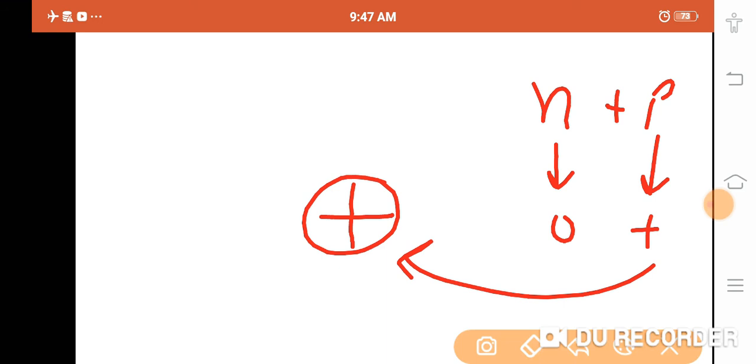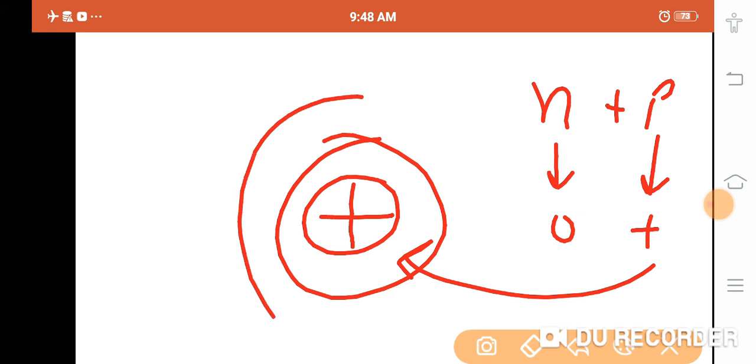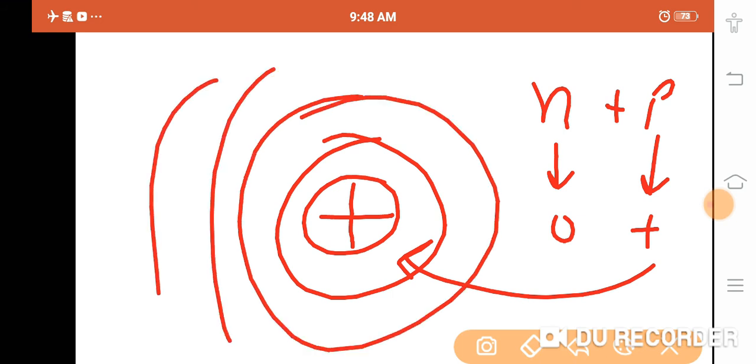This much is the statement given by Rutherford, but Bohr's atomic model told that electrons are revolving around the nucleus in different energy levels. These different energy levels are known as shells: K shell, L shell, M shell and N shell.